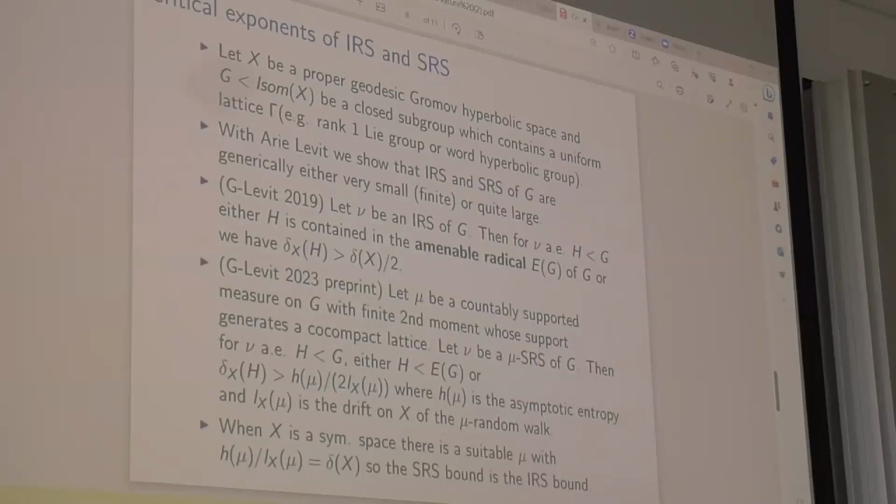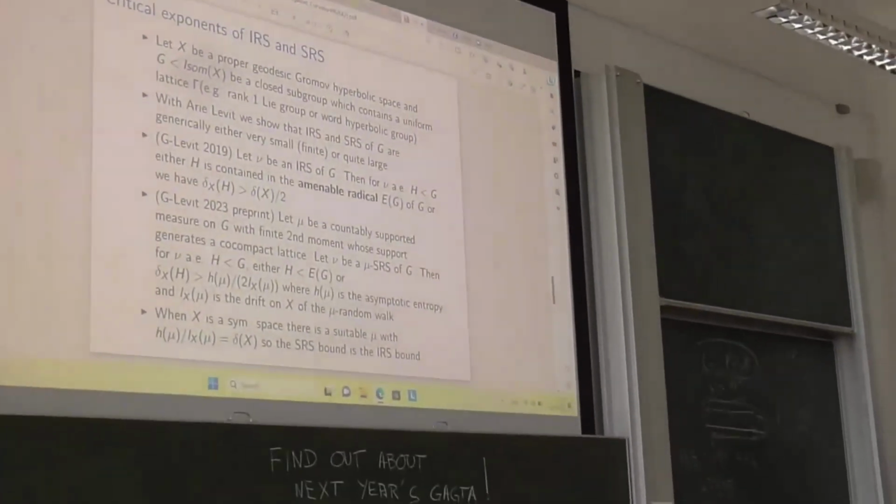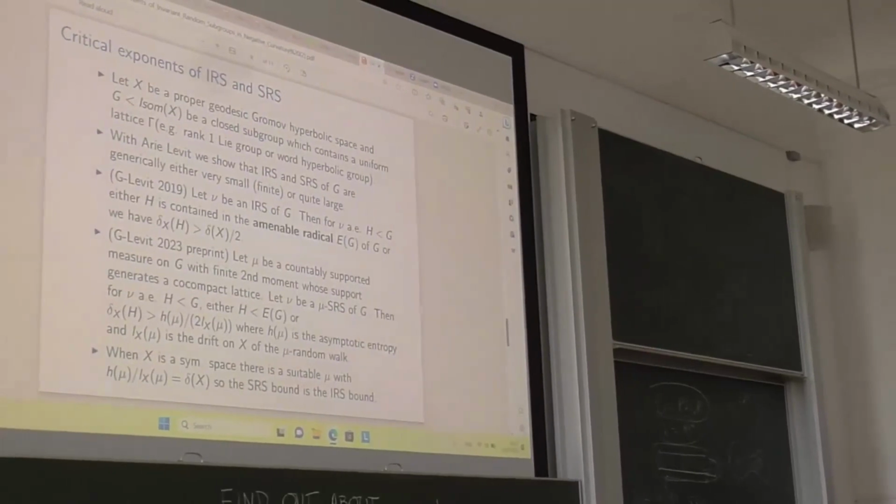In the most general setting, we started working on this for invariant random subgroups instead of stationary random subgroups, because I didn't know what a stationary random subgroup was about 5 years ago. At the time we didn't have this eventual application in mind, it was just something cool to do.